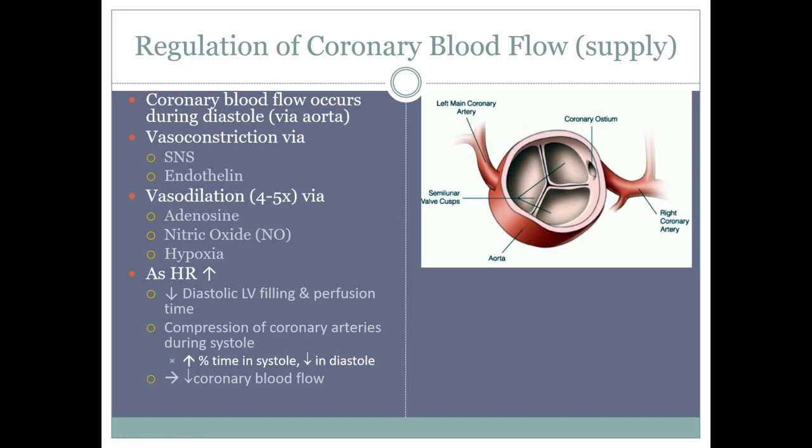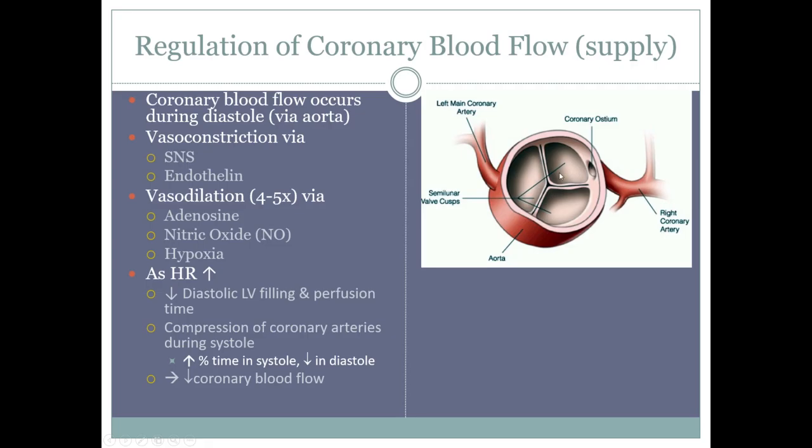Coronary blood flow occurs only when the heart is in diastole. Because when the heart is in diastole, these cusps close, preventing backflow into the left ventricle, right? So they close, but in doing so, they create a bit of a cavity, right? And some of the blood that doesn't all go out to the periphery, to the tissue, some of it retrograde comes back here and pools in these cusps.